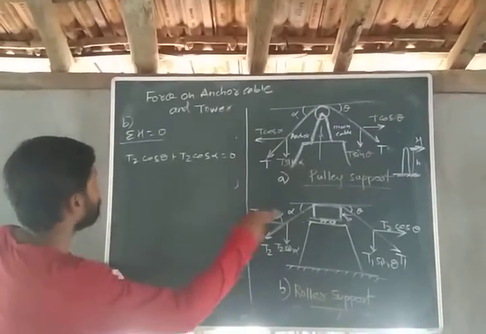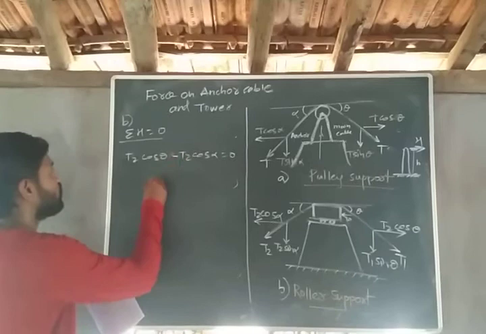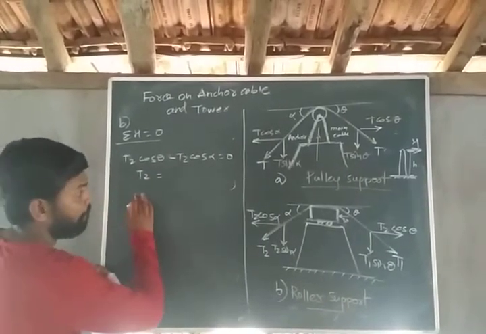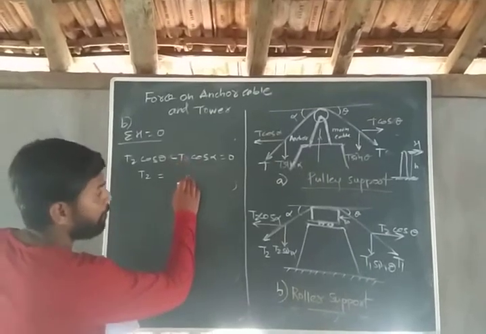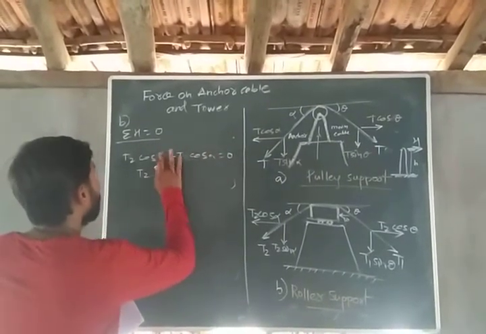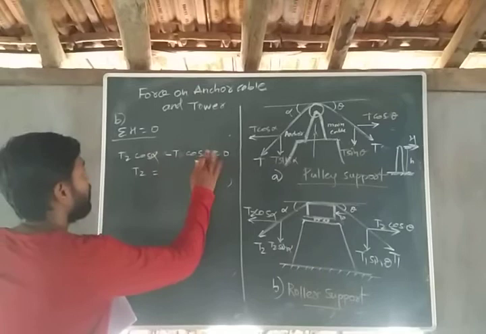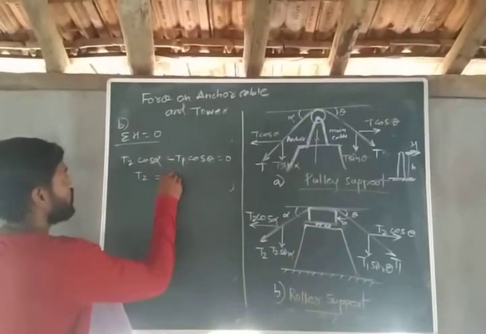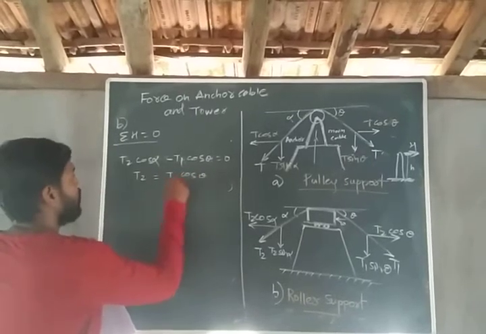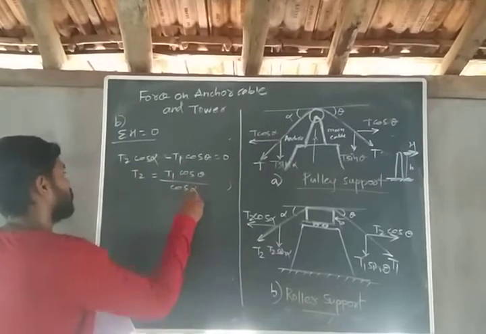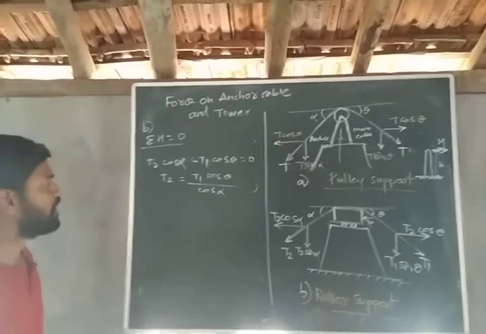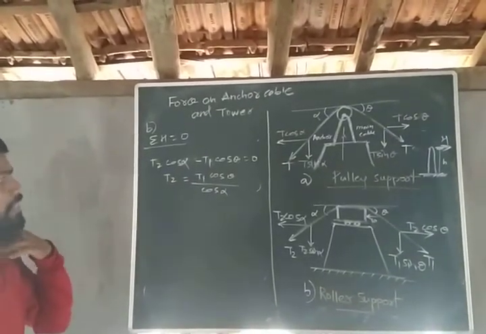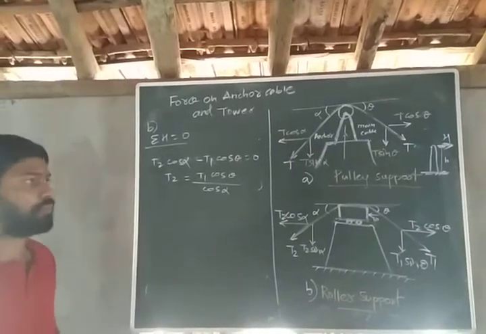Now one is towards right, so positive, and this is towards left, so it is negative. So it gives T2 is equal to T1 cos theta divided by cos alpha. So if any one value is known to you, you can calculate the other one. If you know the tension in main cable, you can calculate the tension in anchor cable.